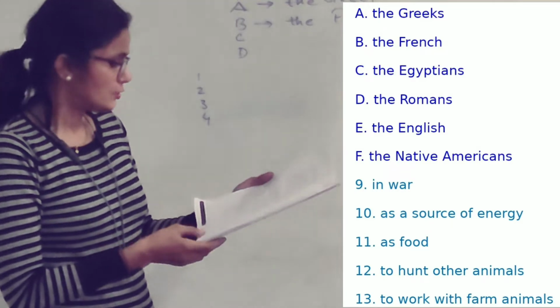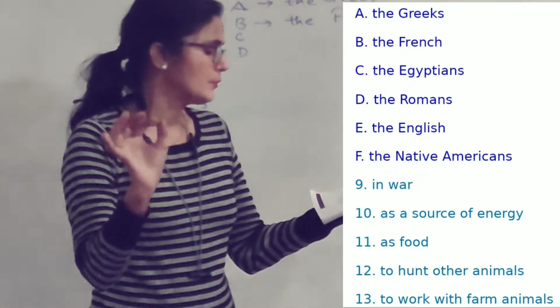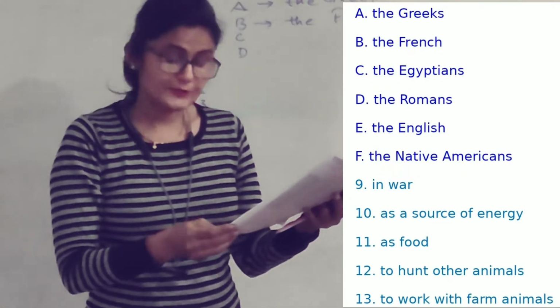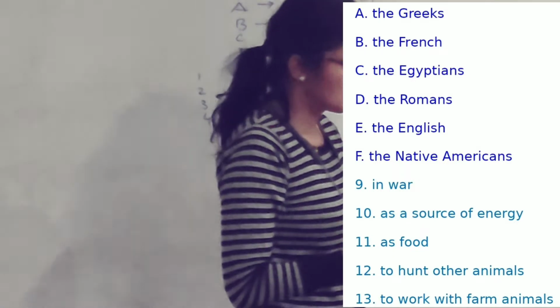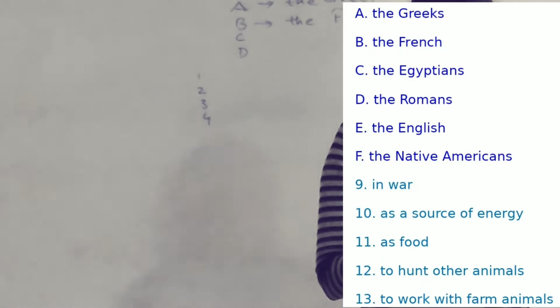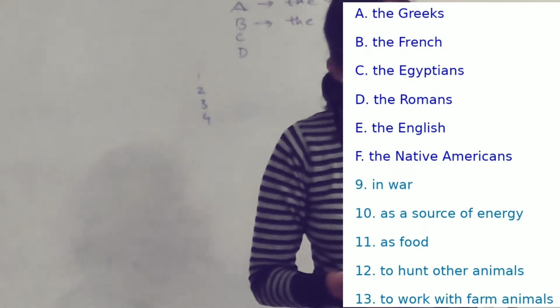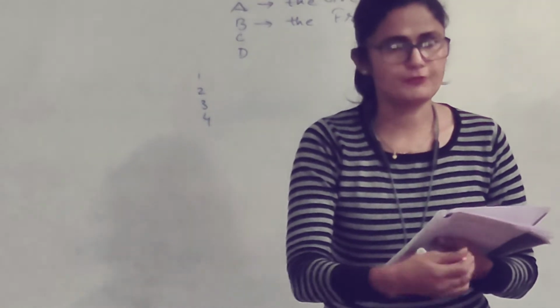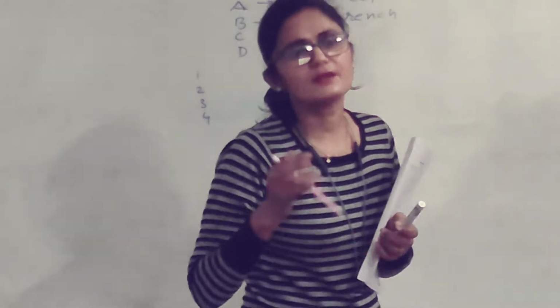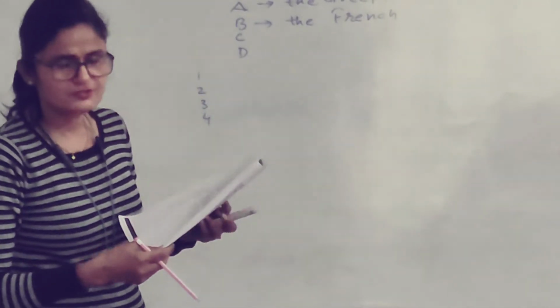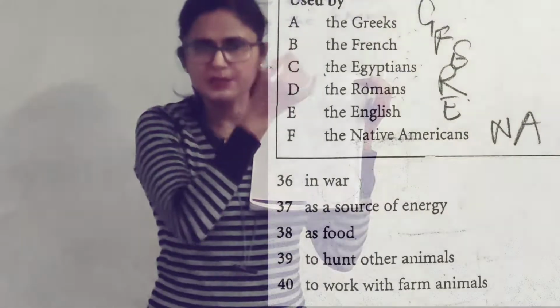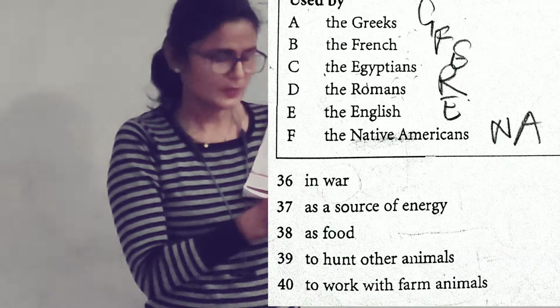Now, next, the questions are: as a source of energy, as food, to hunt other animals, to work with farm animals. Now, first of all, my technique is what? First of all, write down names of these places in short.